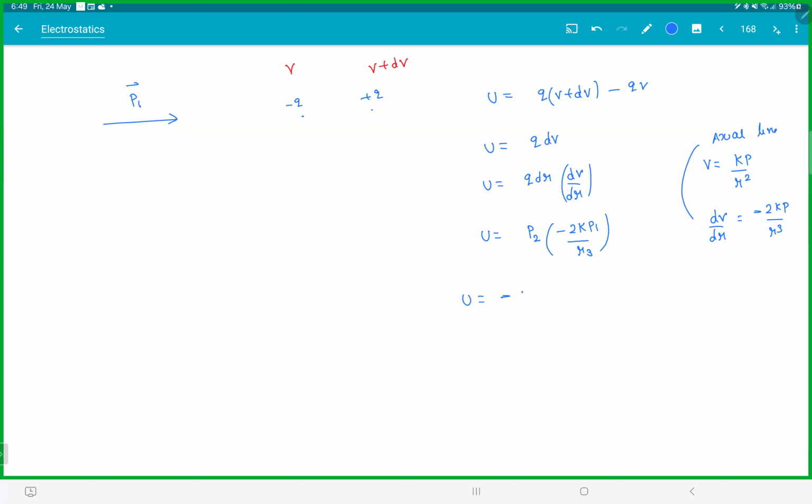This is the potential energy between the 2 dipoles, meaning these 2 dipoles are actually attracting each other. So in order to separate them, you need to provide this much energy. Or you could have done it like this also. F is equal to minus dU by dr, remember?